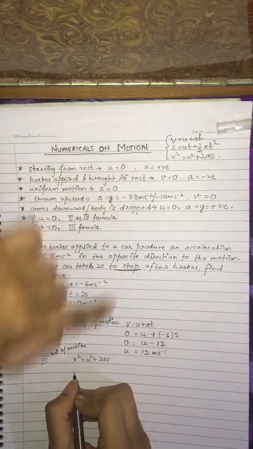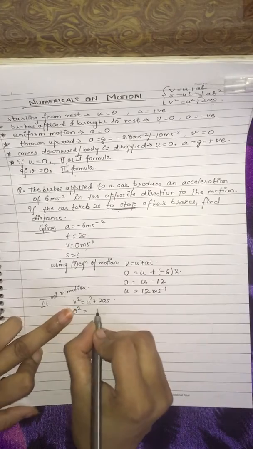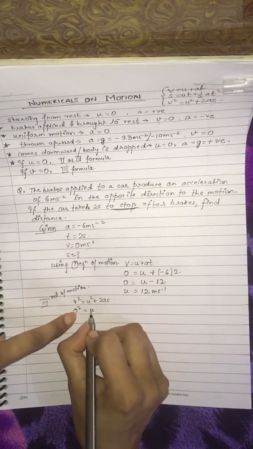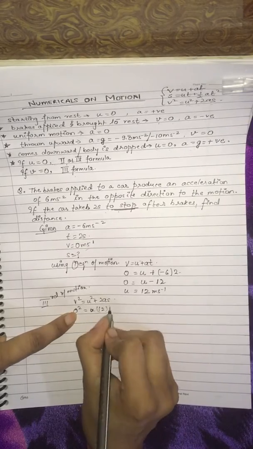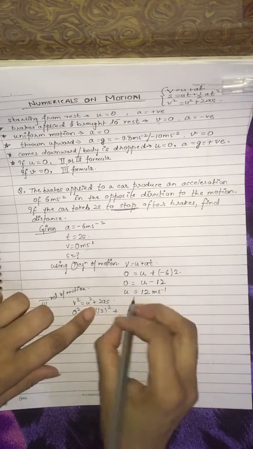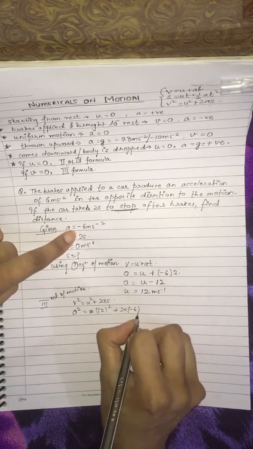Now v is 0 square, plus u square, u we know is 12, square, plus put it in the bracket so that we will not get confused. 2 into a is minus 6.